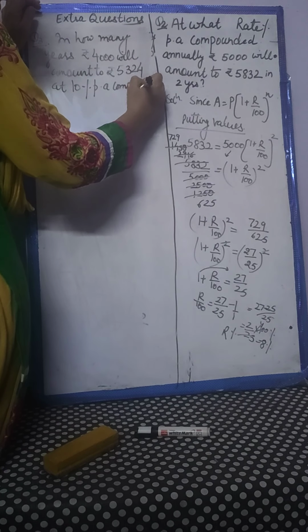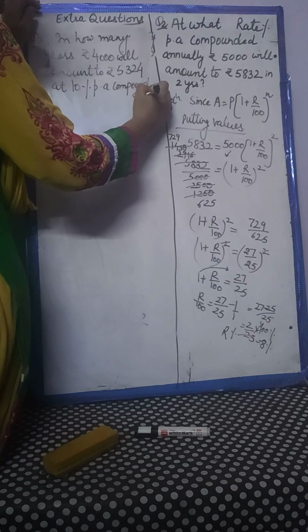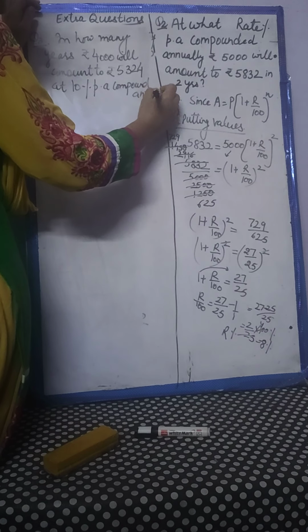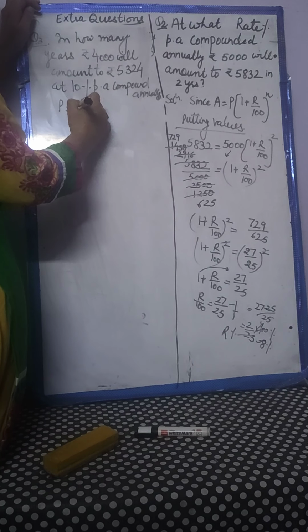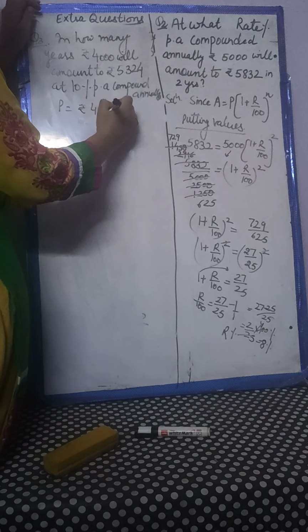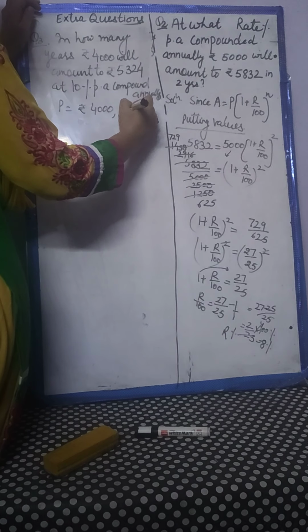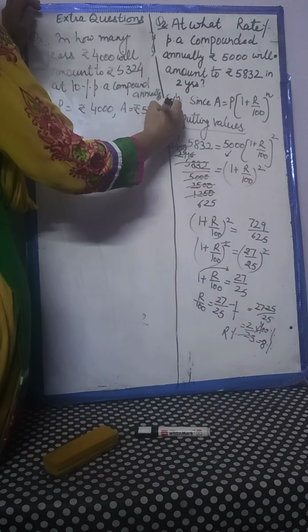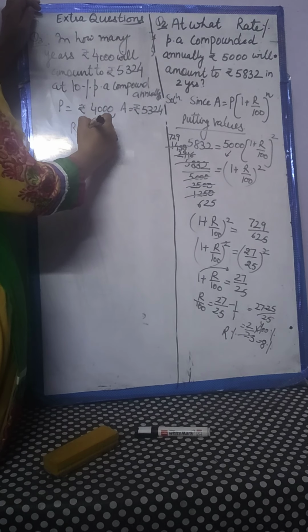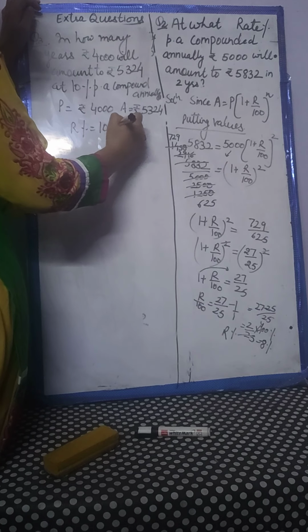Again, this is a question of compound interest. So rate will be same and principal is also same. Principal is rupees 4,000. A is rupees 5,324. R percent is 10% per annum.